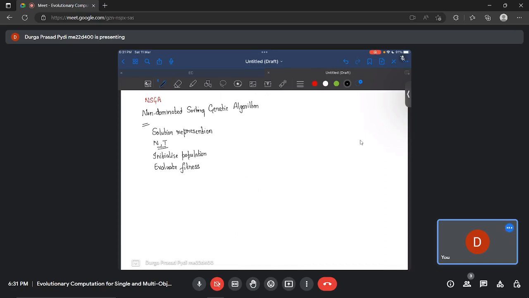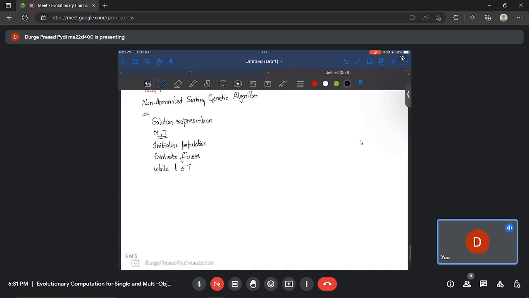When you have constraints, you need to reformulate your problem using one of the penalty functions we discussed, and take that penalty function value as the fitness. This step is not going to change, even in this particular case. After you calculate the fitness for each of the solutions, you start the next loop. You have a counter for your generations, and that should be less than the maximum number of generations you have decided.